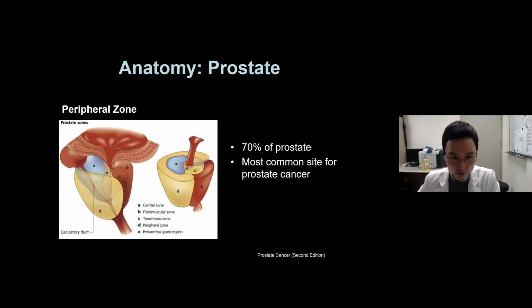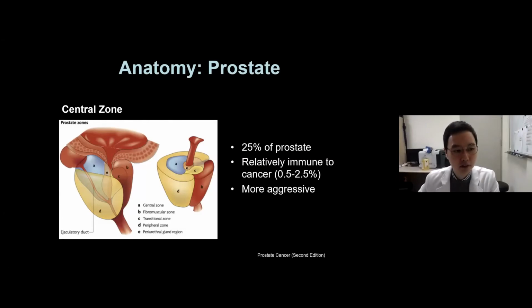It is the most common site for prostate cancer, as it is the largest part, so 70% of all prostate cancers arise from here. And since it is on the peripheral side, if the tumor exceeds the size of 0.2 milliliter, it can be detected by digital rectal exam, the DRE.